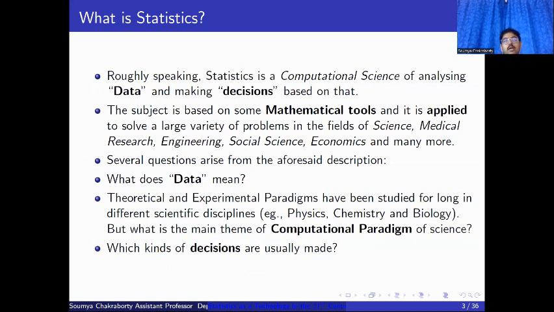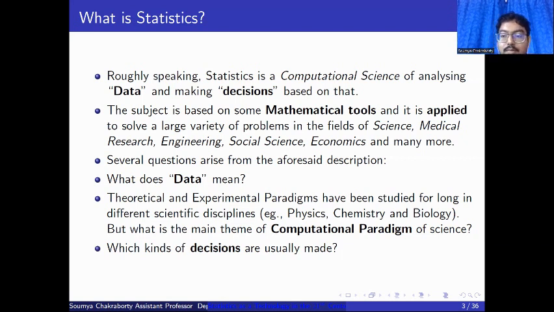In the last 20 years, the syllabuses of mathematics up to class 10 have been rebuilt in such a way that some basic themes of statistics are already introduced in class 8 or class 9, but it's basically a subject which is not offered at the high school level, at least in West Bengal or India. The study of statistics starts at the graduate level, that is BSc level, and it's basically a mathematical subject.